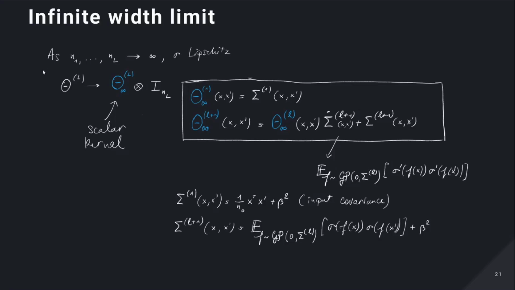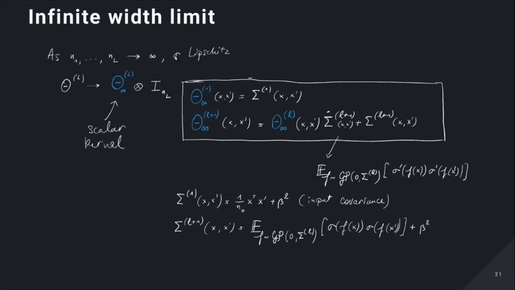So a brief moment to set up. Let's assume that all my layer widths go to infinity, and some minor condition on sigma. If you don't know what Lipschitz means, don't worry. You still have time to run.